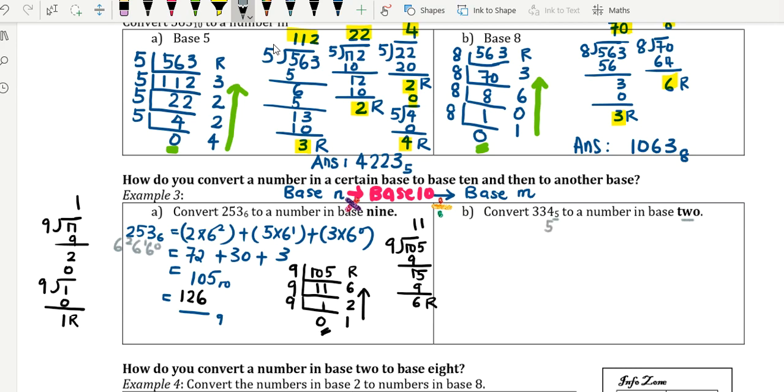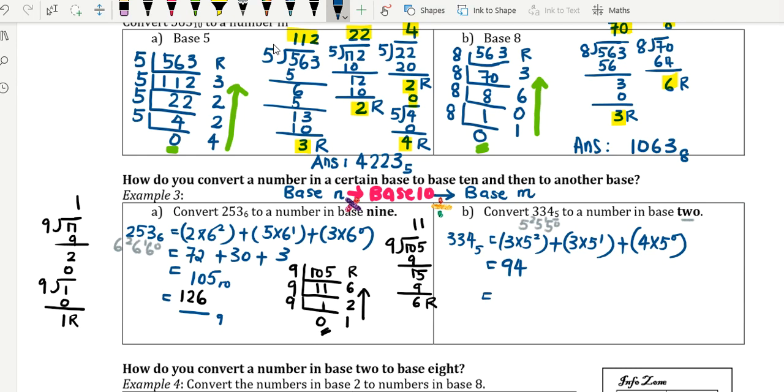So I'm going to write down the place values: 5 to the power 0, 5 to the power 1, and 5 to the power 2. 334 base 5 equals 3 times 5 to the power 2 plus 3 times 5 to the power 1 plus 4 times 5 to the power 0. Use a calculator. You get 94 base 10.